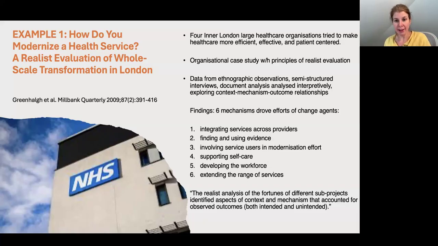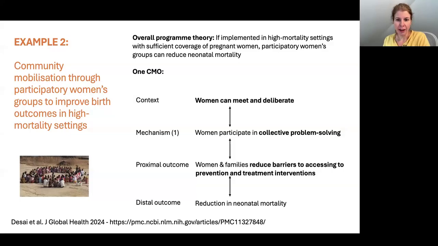So some were activated to the full extent and some to a lesser extent. And that really explained part of the variation in outcomes that people also saw between these healthcare facilities. So this is quite an old evaluation, but quite a good example of how this is done.